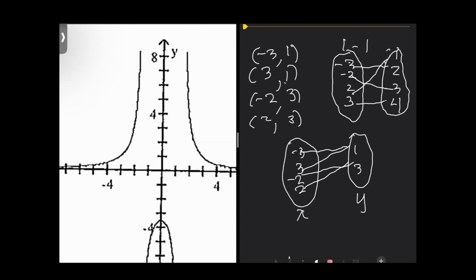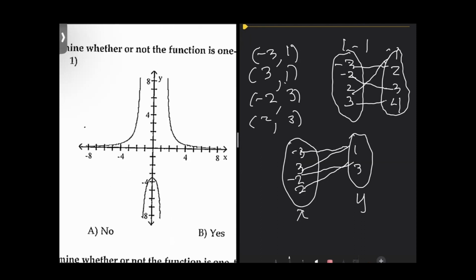But based on our question, if we're given the graph, just do the horizontal test, and if the horizontal line, left to right, passes through more than one point, then it's not one-to-one. Also, if it happens to be one-to-one, it validates that it can have an inverse function.